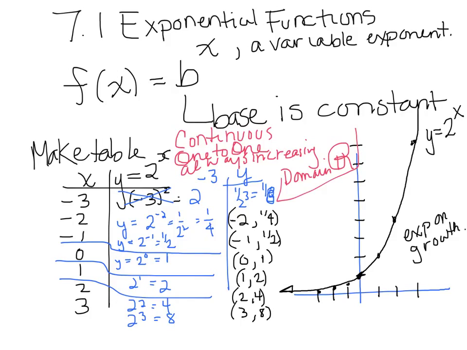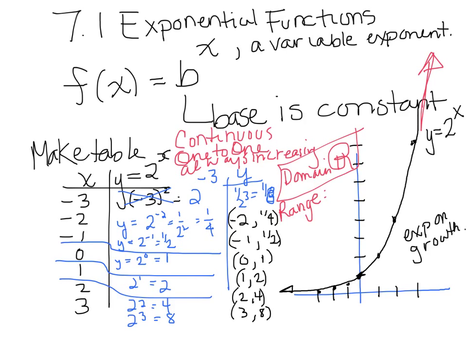Okay, so that's huge. We also want to talk about range, though, because that's maybe more interesting. When you look at this, you notice the feature seems to go forever and ever up this way, and there's nothing going to stop it. It just keeps getting higher. So the y values go to infinity. But what about on the left-hand side? What is happening as we go to the left to the y values? They seem to be flattening out.